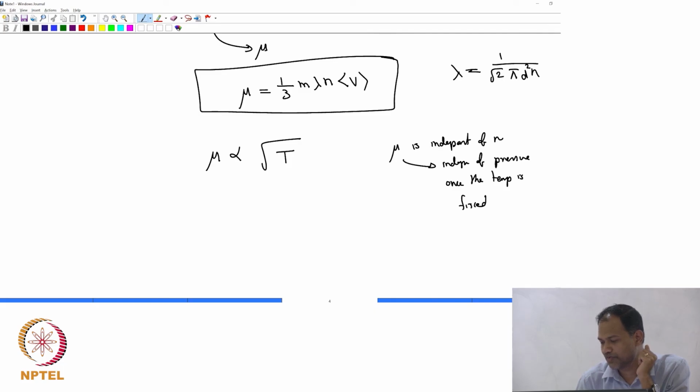Assume you have fixed the temperature and you are only changing the pressure. You would change both number density and mean free path simultaneously, so viscosity will have no effect. So, the viscosity of a gas is typically independent of pressure, and these things have been seen experimentally.